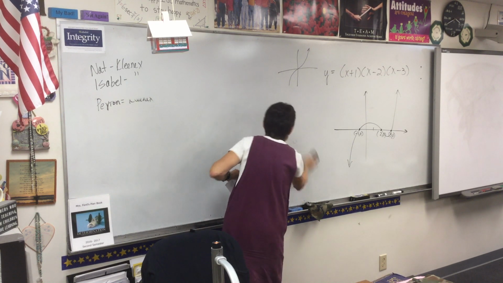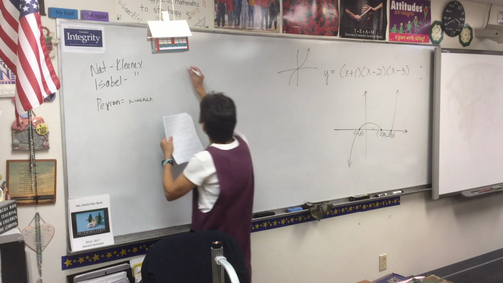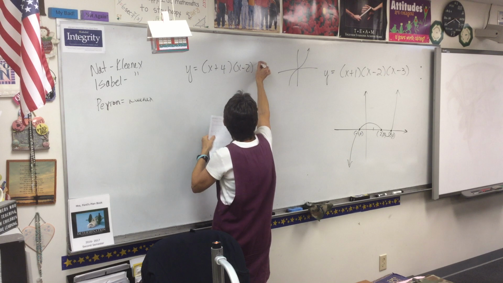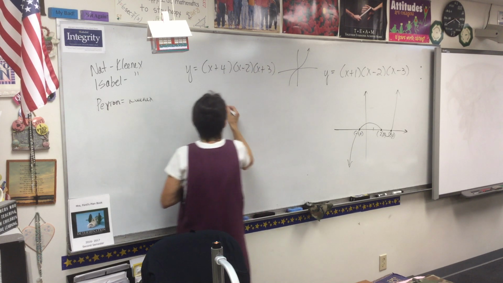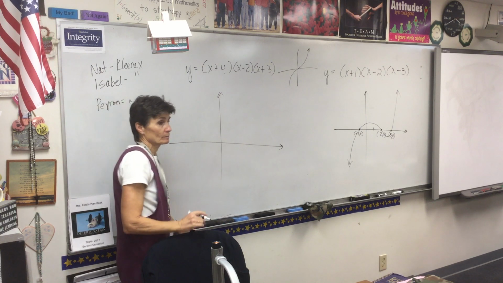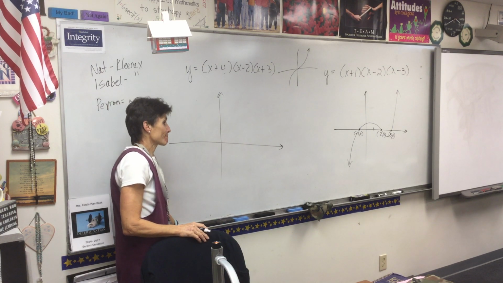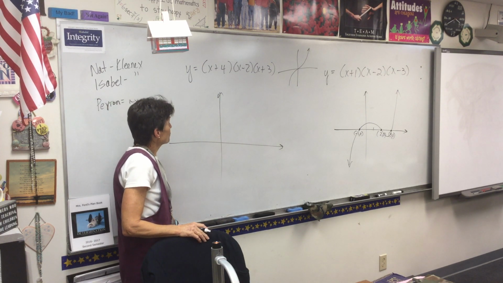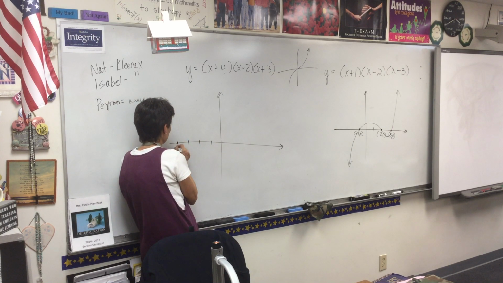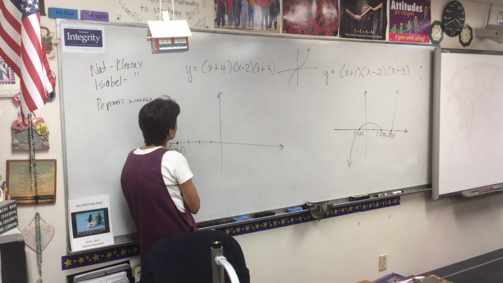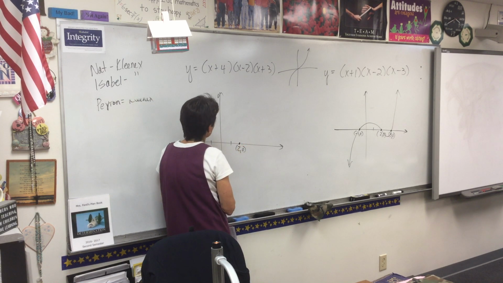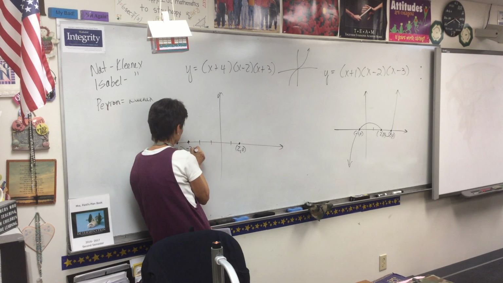All right, so let's see, we've got x plus 4, x minus 2, x plus 3. Is this another cube? So we're going to go ahead and plot our x-intercepts, or our zeros. So we'll put one at -4, and one at 2, and one at -3.